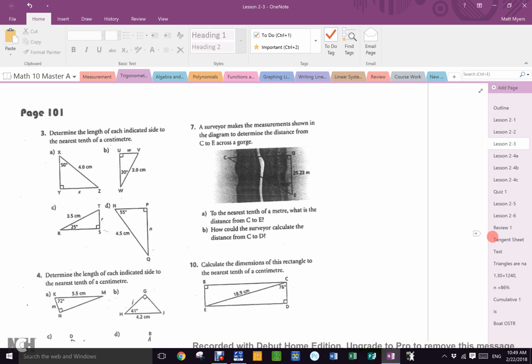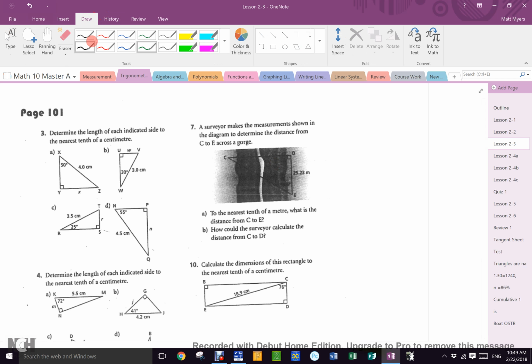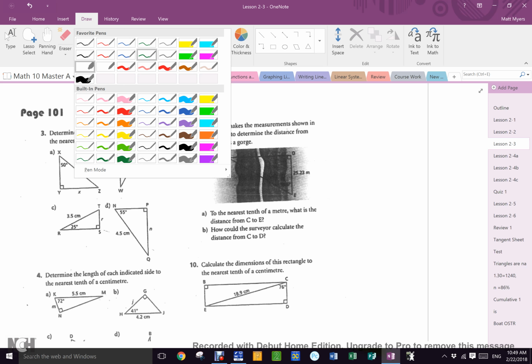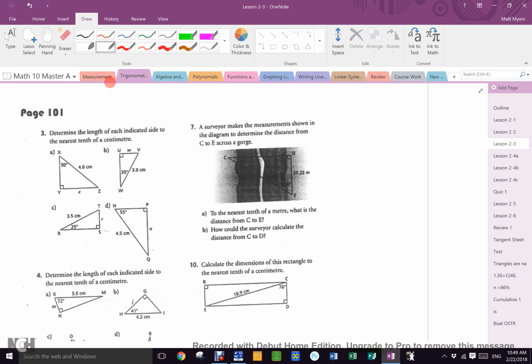Now, if I could call your attention to number 7 on page 60. It looks bad on my copy, and I bet it looks bad on yours. So this is what it needs to be. This you can read as 25.23.